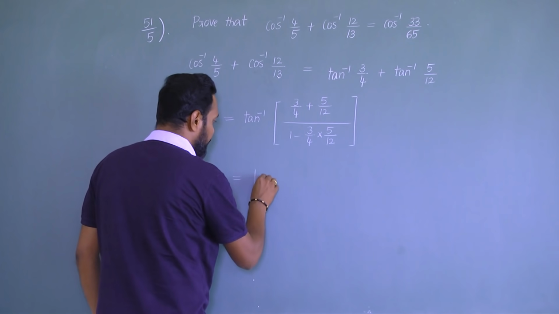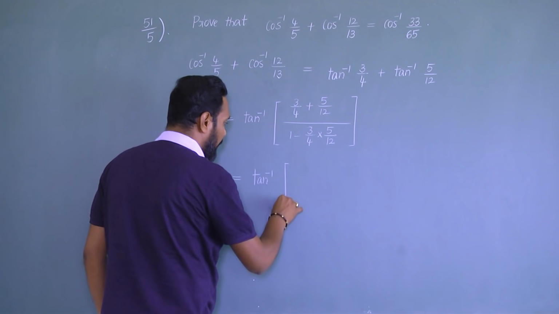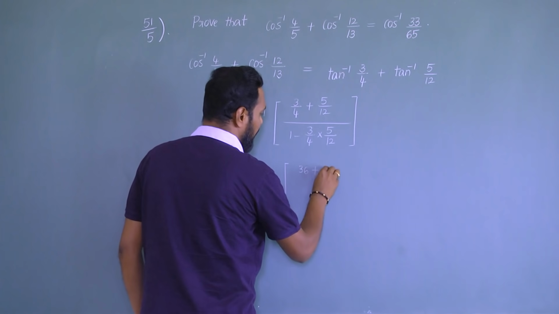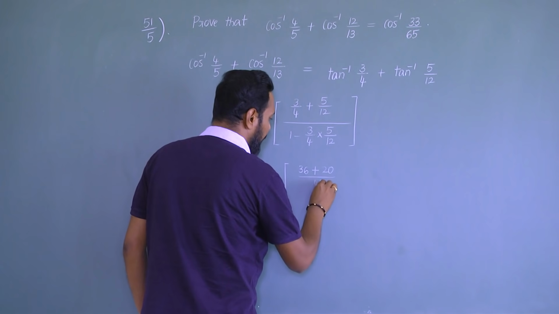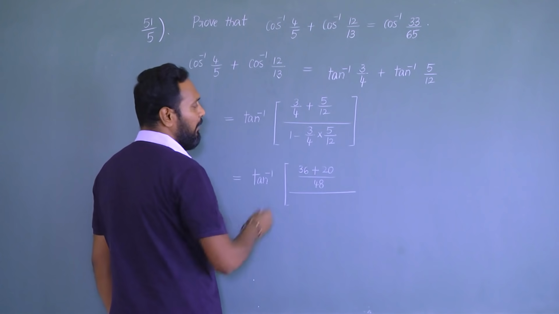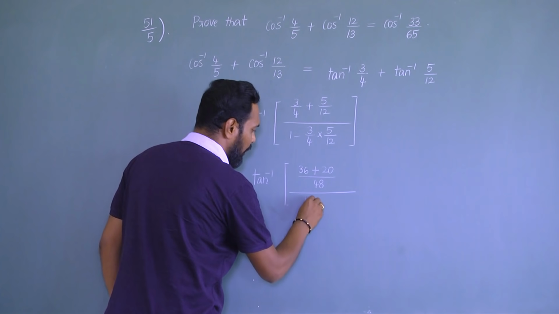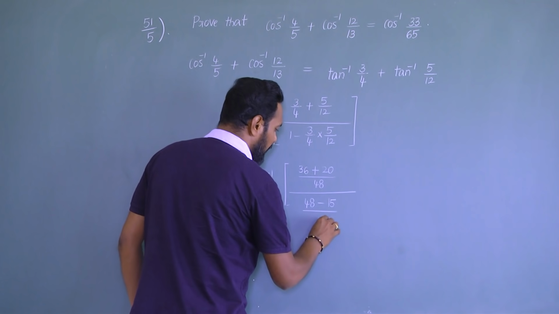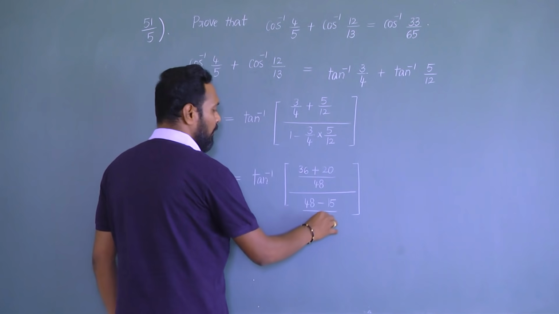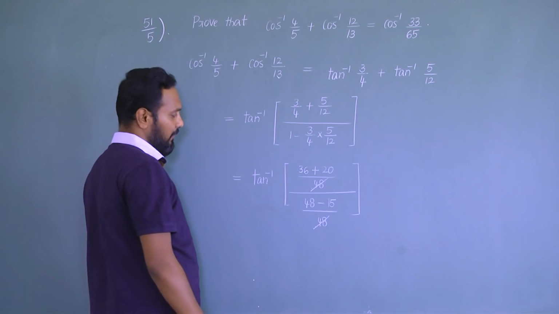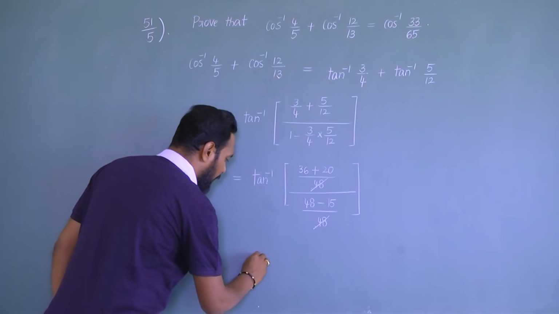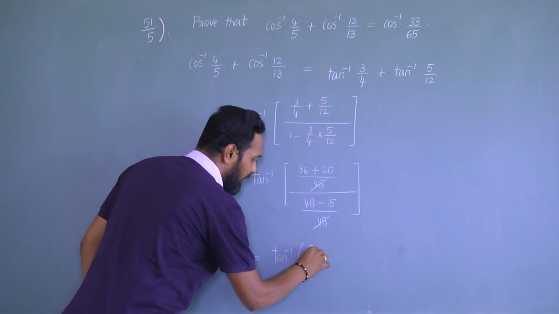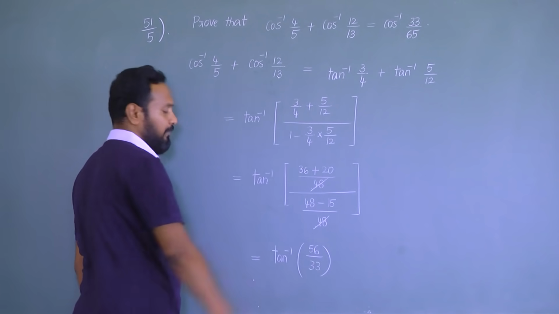Then it becomes tan inverse of 12 3s are 36 plus 4 5s are 20 divided by 48, whole divided by 12 into 4, 48, minus 5 3s are 15 divided by 48. I can cancel 48. Then if you simplify, you will get tan inverse 56 divided by 33.